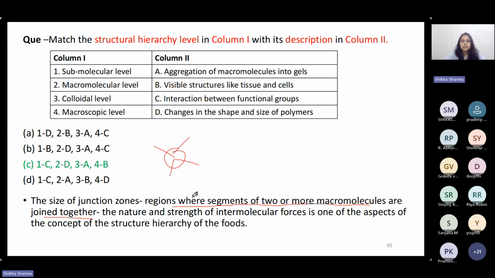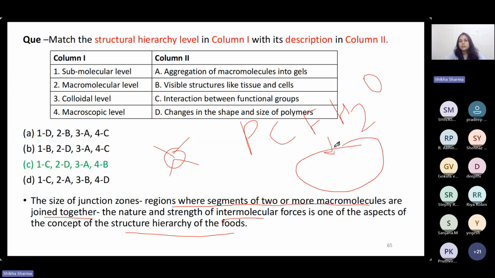So their size, the nature and the strength of these intermolecular forces, they define the structural hierarchy. And there are different substances like proteins, carbohydrates, fats, water, they all will be there in the food product and they'll make a certain structure of the food product.